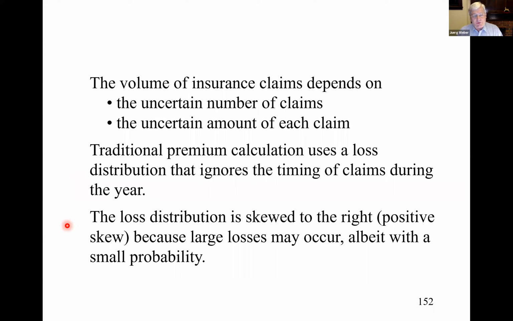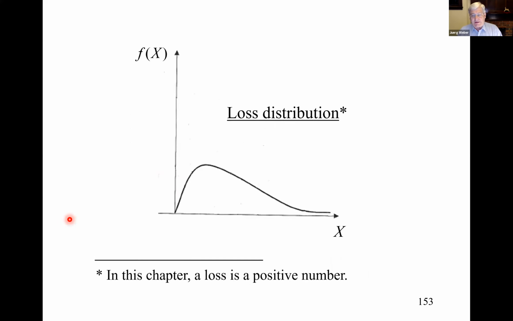So the loss distribution is skewed to the right. So we have here a positive skew because large losses may occur, but with a small probability. So that's the loss distribution. We have here the losses, and here we have the frequency of those losses, and it's skewed to the right. So in this chapter, the loss is now a positive number.